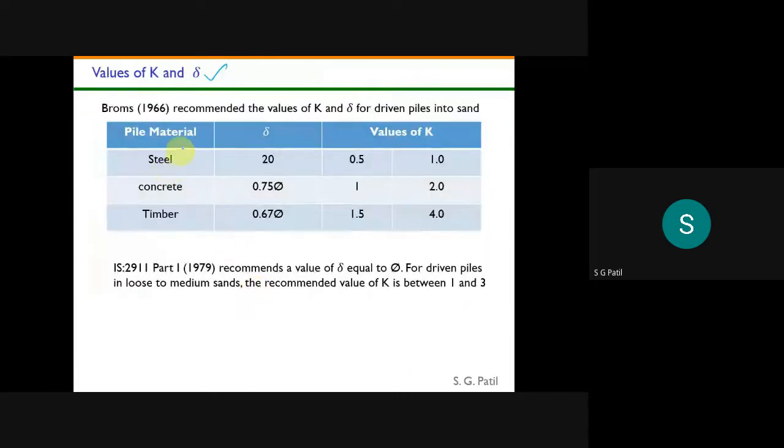But in some other references, they will tell you how to choose your phi value depending on the pile material, and also the value of K for the corresponding pile material, how much K I should take.